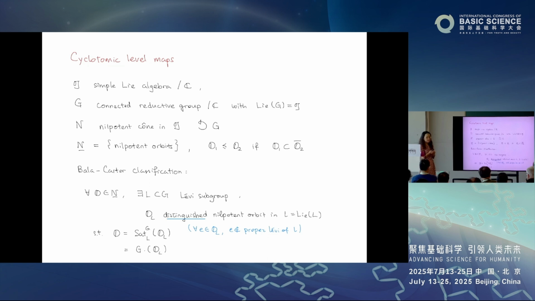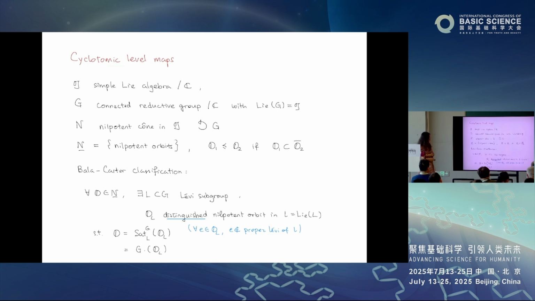Then there's a classification for orbits in all types, the so-called Bala-Carter classification. It says every orbit can be written as what is called the saturation of a distinguished orbit in a Levi.